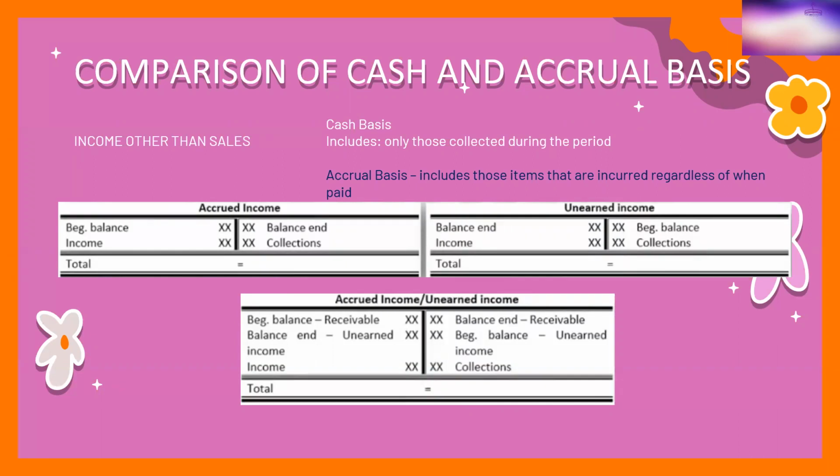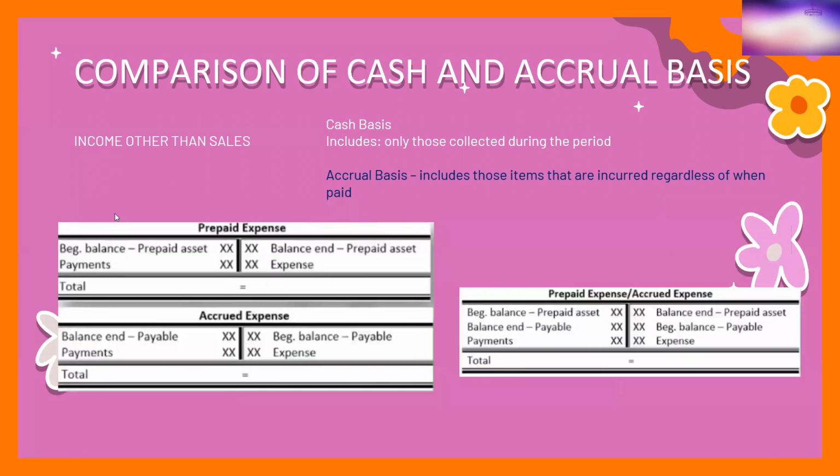So of course, we have the accrued income. Ito na yung sinasabi kong T-account. But later on, we'll look more into this in detail pa. Of course, we have the prepaid expense and the accrued expense. So prepaid expense is an asset, and the accrued expense is a liability.